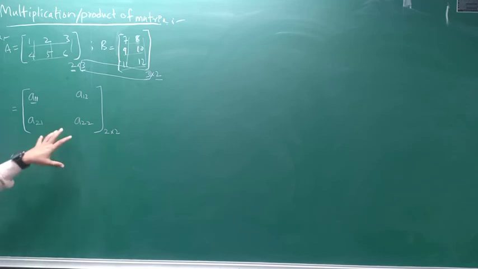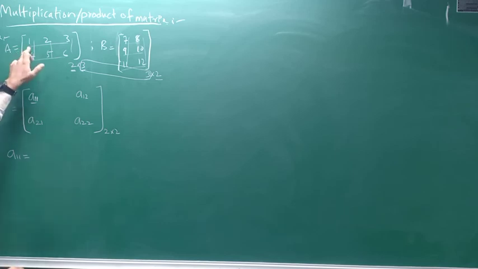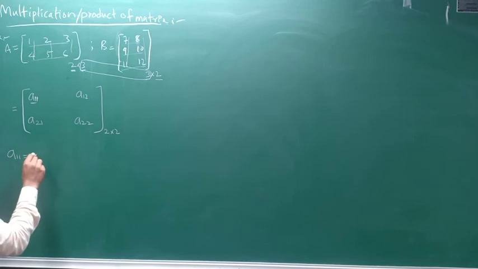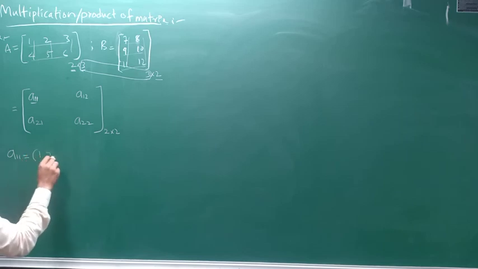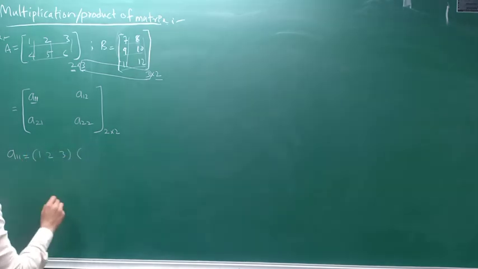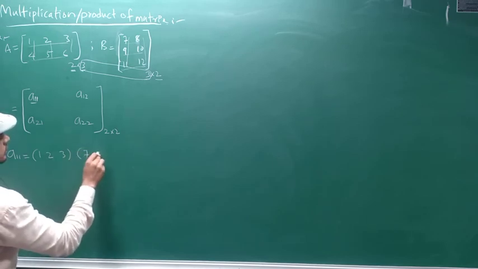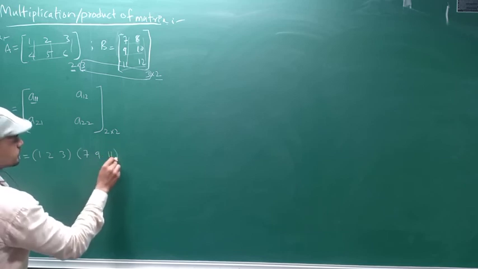So now let's solve it. Firstly we are going to get A11, which we get after multiplying the first row with the first column. Here I have the first row 1, 2, 3, and the first column 7, 9, 11.